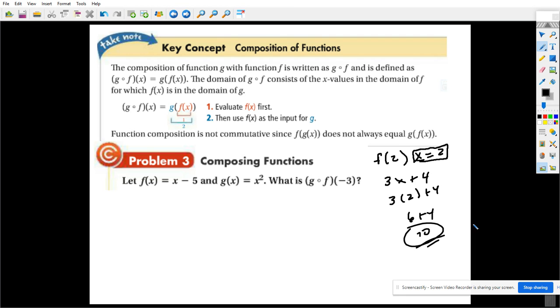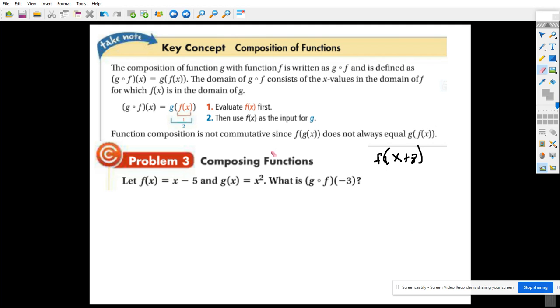Well, now we're going to give something that looks like this. I want you to find f of x plus 8. When I had a 2 here, what did I do? I just plugged in the 2 for this x. Well, we're doing the same thing. It just looks goofy because we're plugging an equation into x.